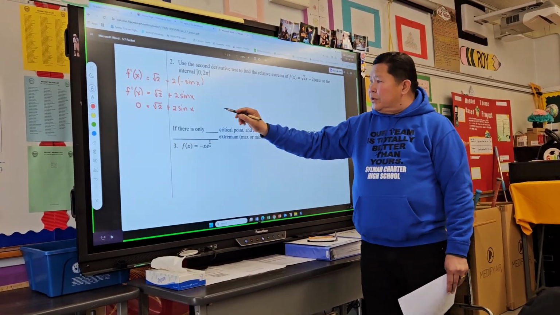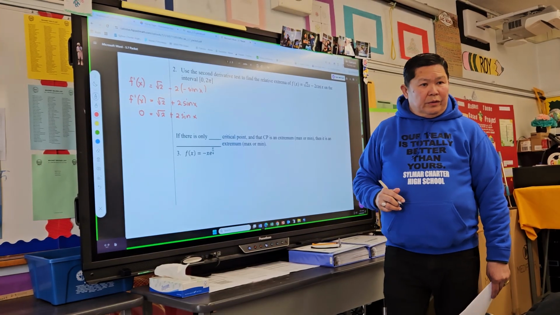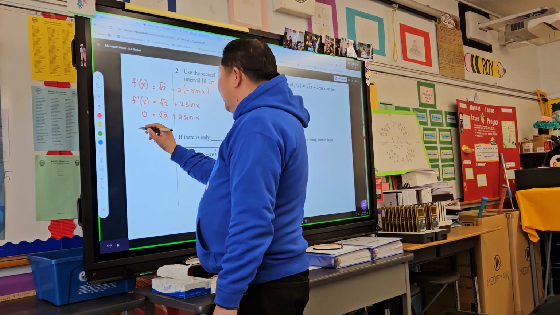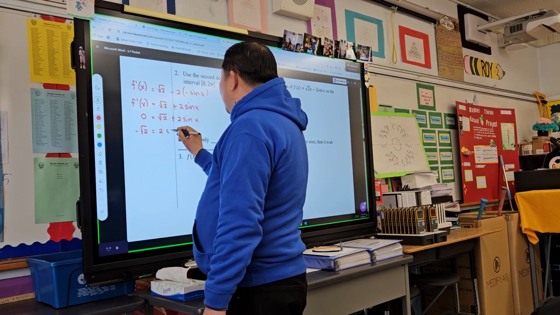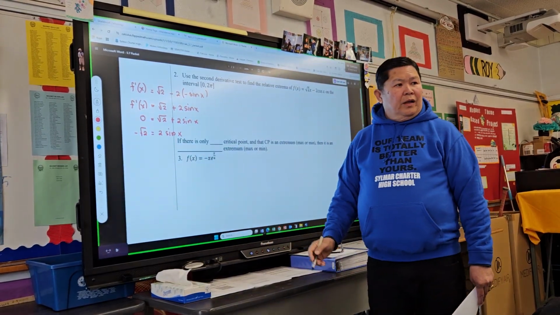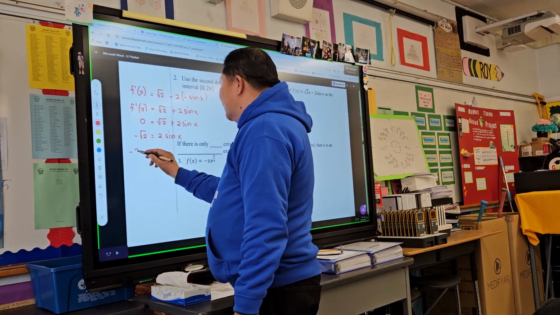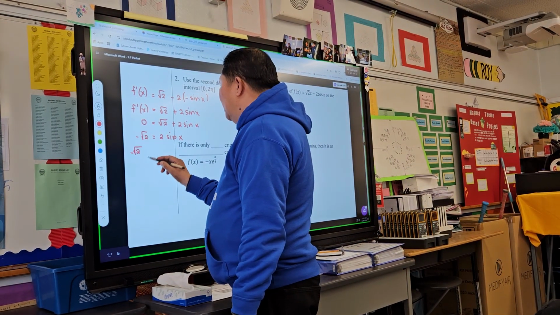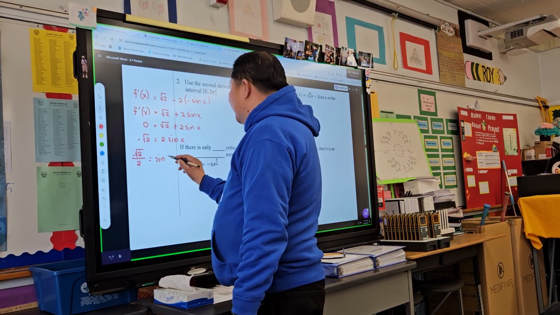And what happens to square root of 2? This turns to negative square root of 2. Okay, so negative square root of 2 is equal to 2 sine x. What's next? Divide by 2. We divide both sides by 2, so this means negative square root of 2 over 2 is equal to sine x.